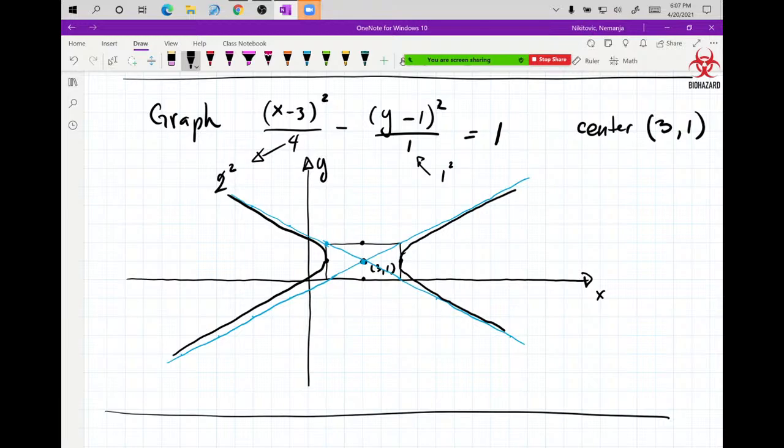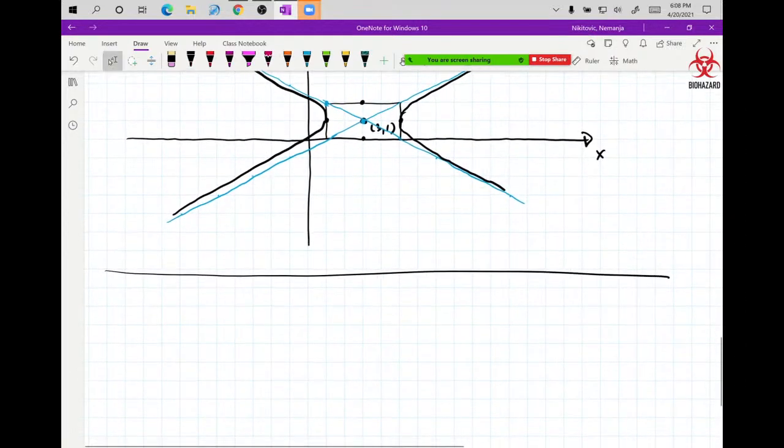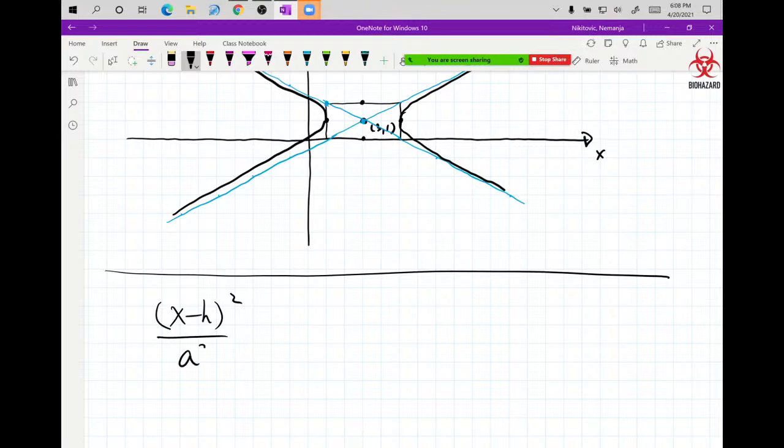Let's take a look at the calculation for the focal point, and then we're done with the basics. We can start working out some of the homework exercises. So for the focal point, remember what you have: x minus h squared over a squared minus y minus k squared over b squared equals 1.